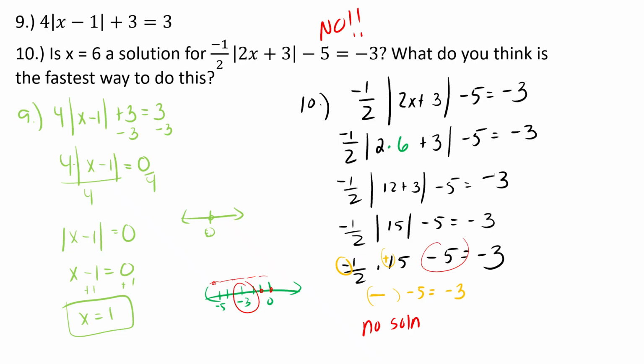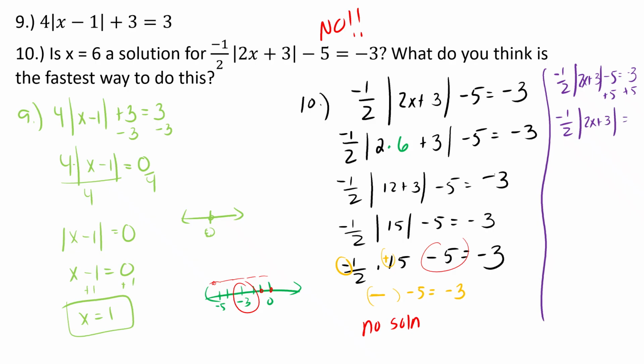You could also opt to just start solving it, which might be faster. So we've got that, and we say, okay, I'm going to add 5 to both sides. And so I get this. -3 plus 5 is 2. And then remember, dividing by 1/2 is the same as multiplying by 2.